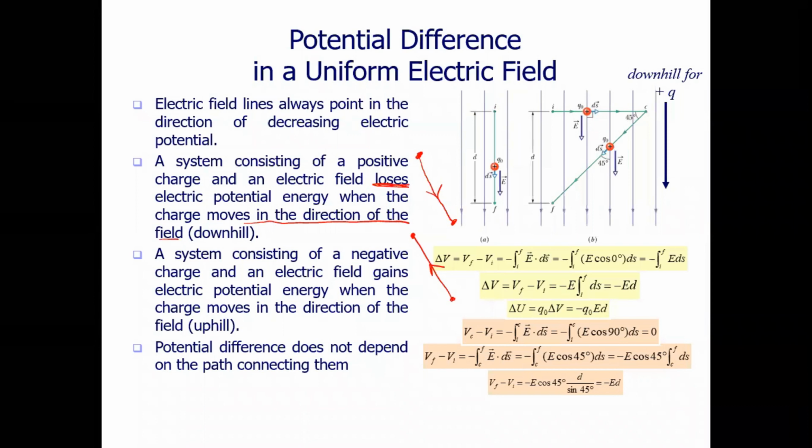Yes, sir. Okay, so now let us try to evaluate this path and see the result that we are going to find and see whether it is the same, so that we conclude that the potential does not depend on the path. So what we are going to do is that we just take this portion from here to here. So the final in this case is C, the initial is I. So the change in the potential will be VF minus VI.